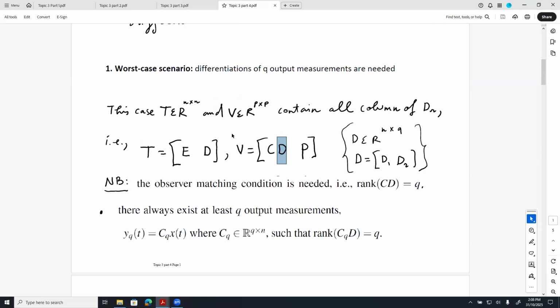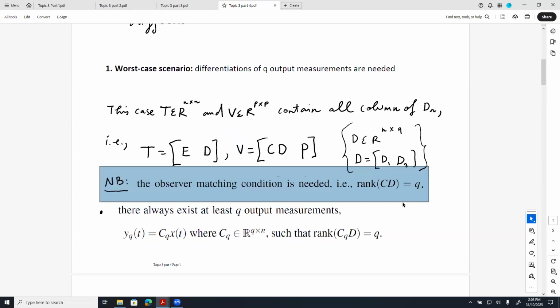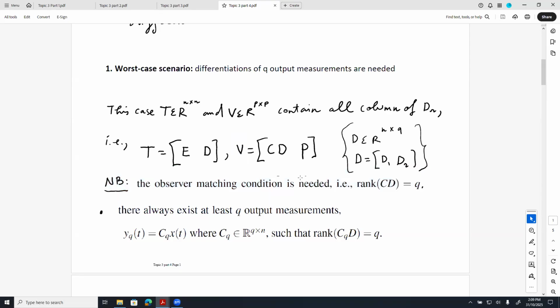So if we want this matrix V invertible, to do the matrix decomposition to obtain the unknown input D1 in its entirety, and the rest of the Q unknown inputs, then we need the observer matching condition to hold true.